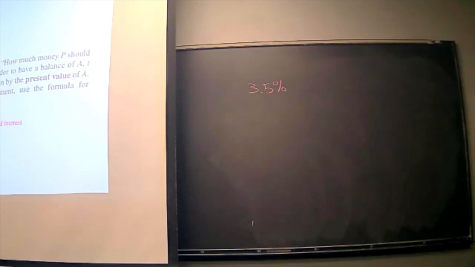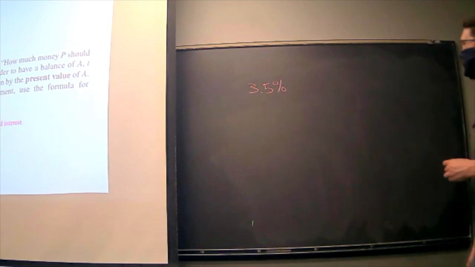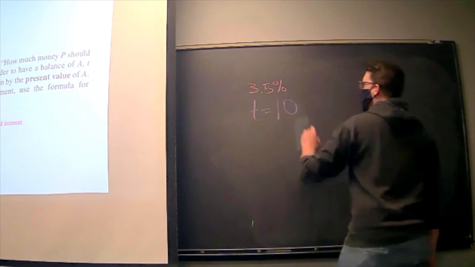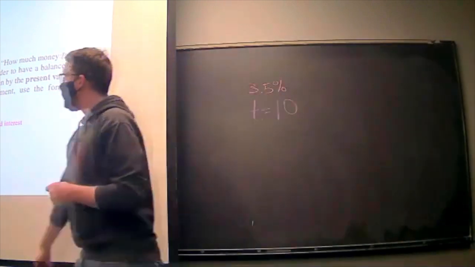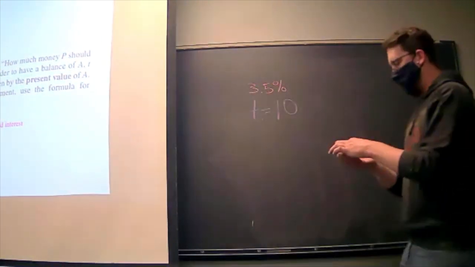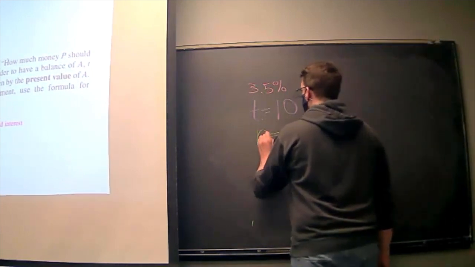And we know that we want to pull from our CD after 10 years. So T is going to be equal to 10. We know that our CD incurs interest, let's say monthly. So N is going to be 12.